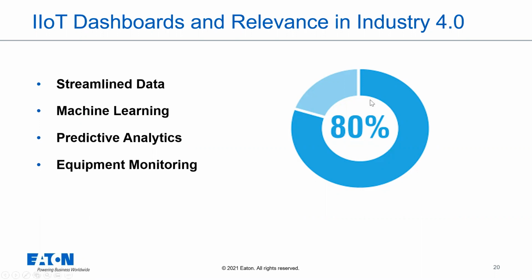Now, this 80% thing right here, what I found out is that a research study on Industry 4.0 confirms that approximately 80% of industries understand the need to monitor their assets remotely and prioritize the details provided through the IoT dashboard.